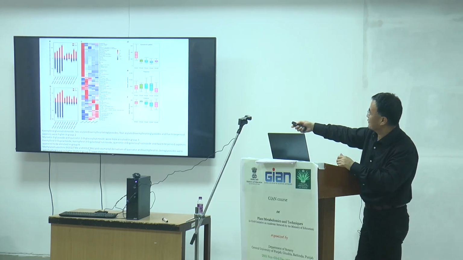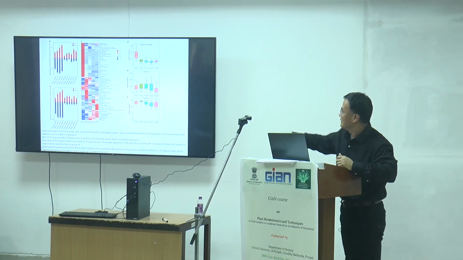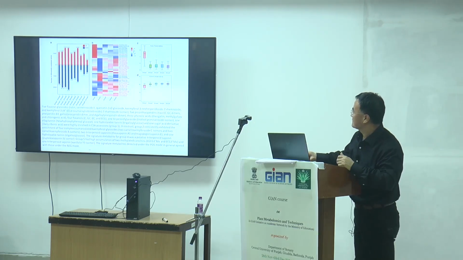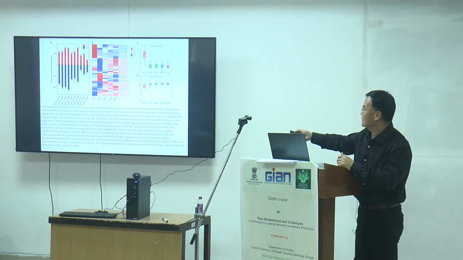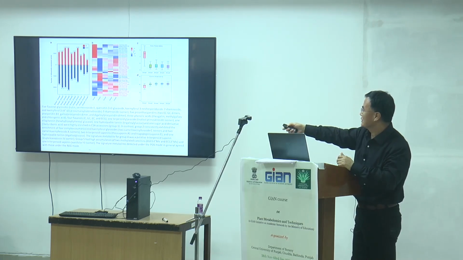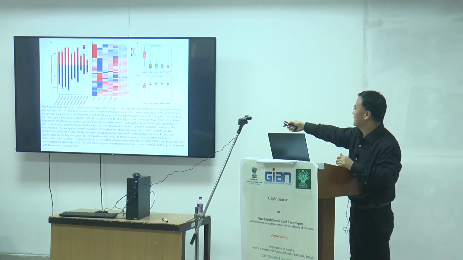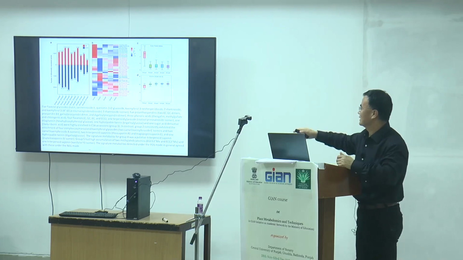This is how the metabolite can distinguish each group. This newly found flavonol is very important, like rutin or kaempferol glucoside, those compounds are actually very important.